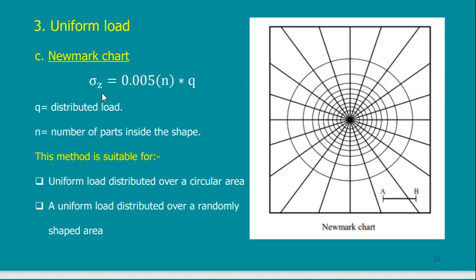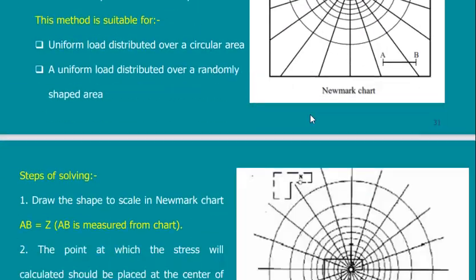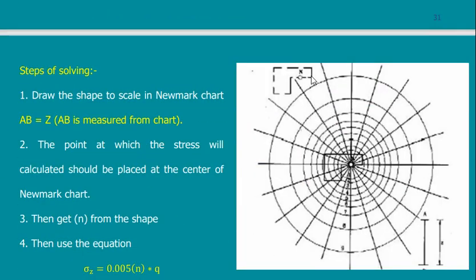He gave us a formula, sigma z, which is the additional stress due to the loaded area, equal to 0.05 N, where N is a number, multiplied by Q, which is the stress itself. Suppose you have this L-shaped area.